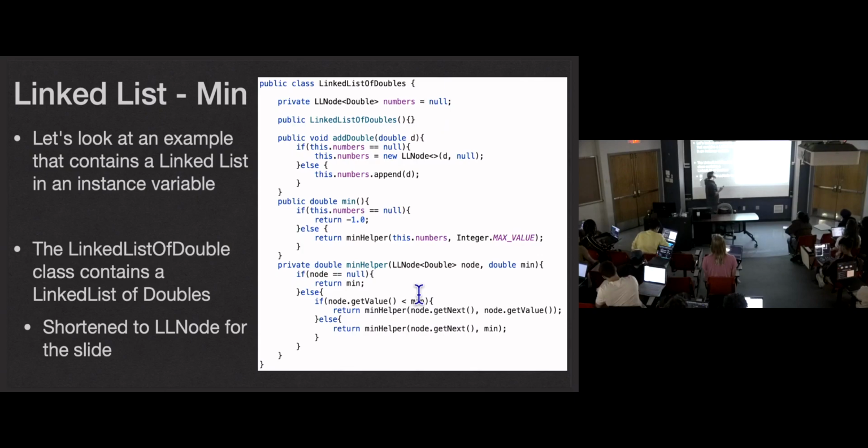But we have this linked list of doubles, which is meant to mirror the song class. The song is going to have an instance variable that stores a linked list of ratings. So here we have the equivalent of the song class, storing a linked list node of doubles. This would be your linked list node of ratings in the song class. And then we'll initialize that to null to indicate an empty linked list.